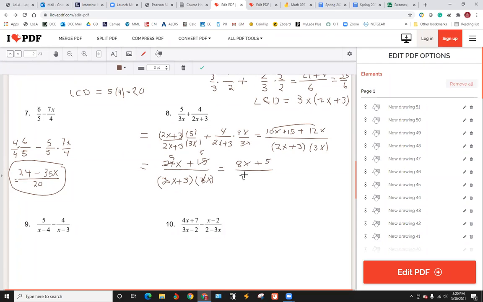I'll put it in the front. All right. You cannot factor the numerator any further. So I do believe that's finished.